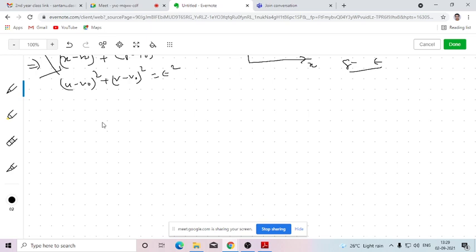Previously I studied how to check the existence of a limit. Now let's say the limit exists, and the limit of the function f(z) whenever z tends to z0 is w0.